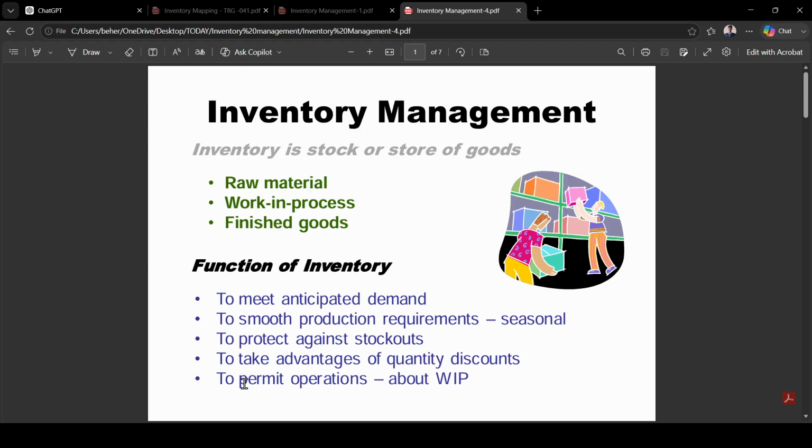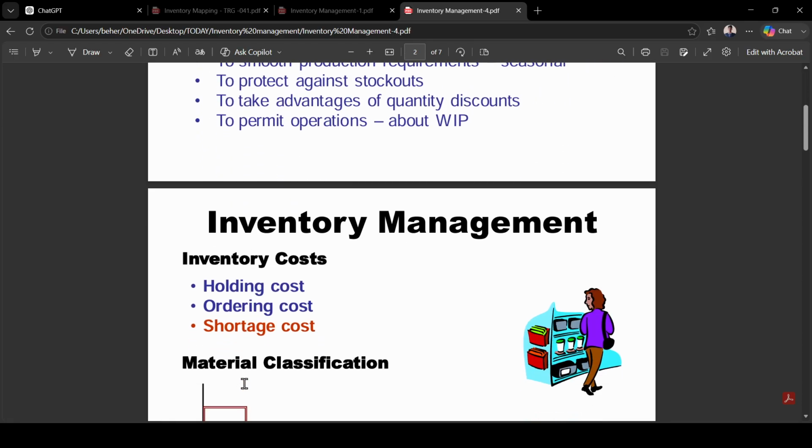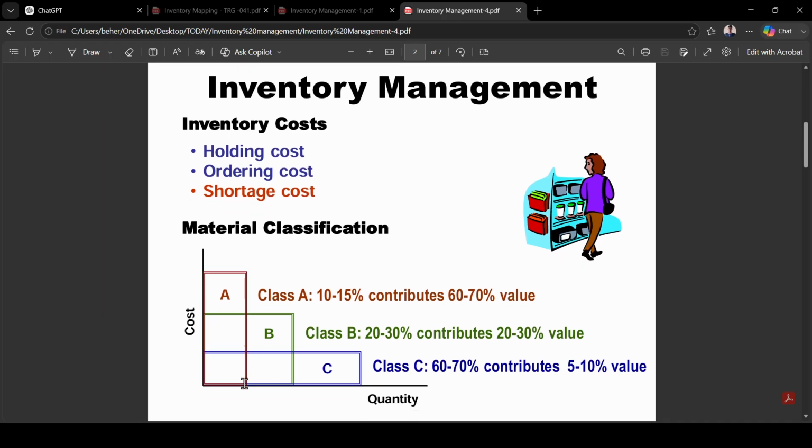Inventory is a stock or store of goods like raw materials, work in progress, and finished goods. The functions of inventory are to meet anticipated demand, to smooth production requirements, to protect against stockouts, to take advantage of quantity discounts, and to permit operations.